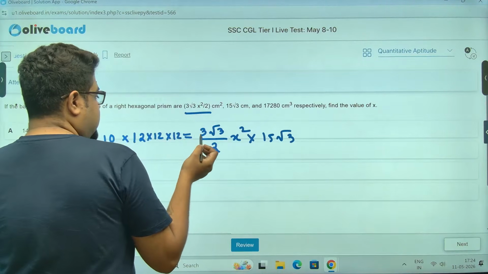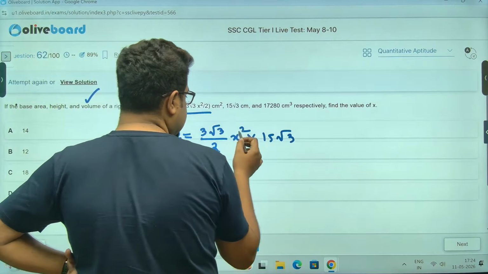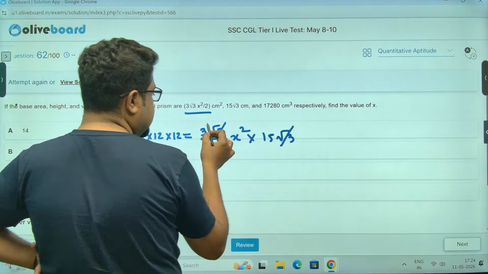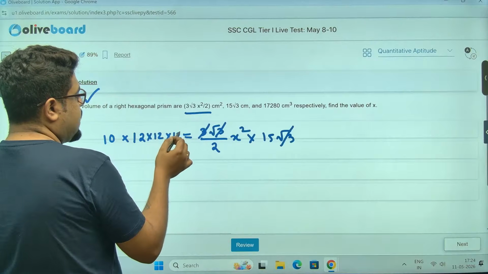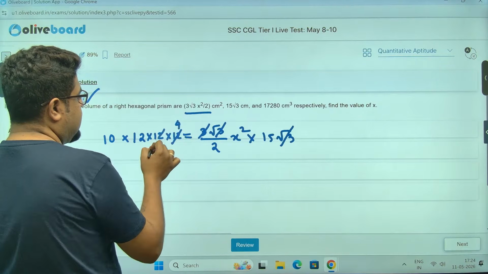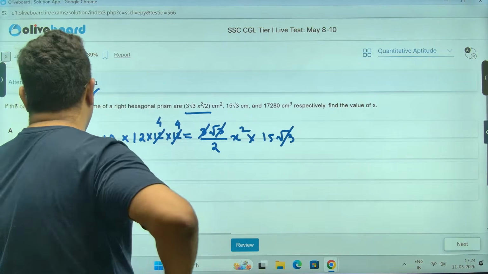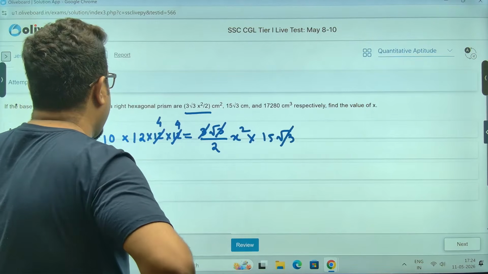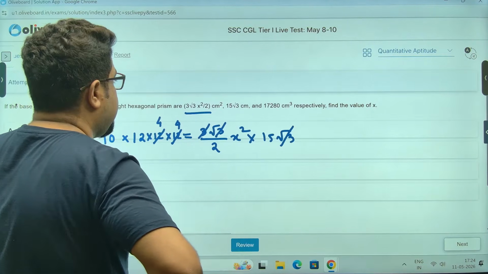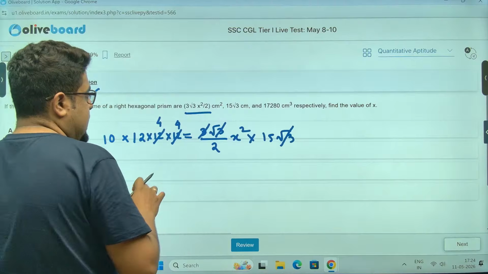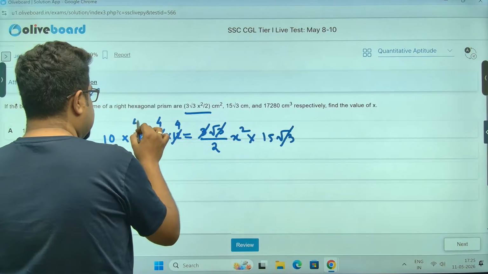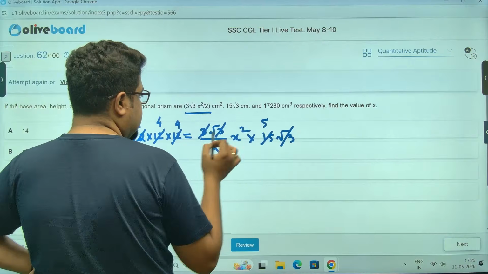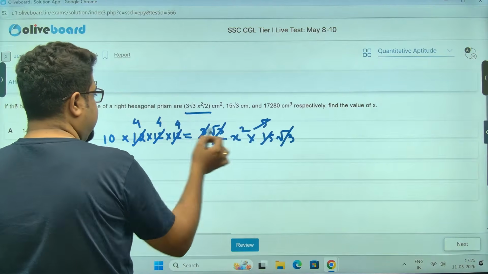So, root 3 times root 3 is 3, 3 times 3 is 9, and 9 and the 4 cancel out. 3 4s, 3 5s, 5 2s are this.